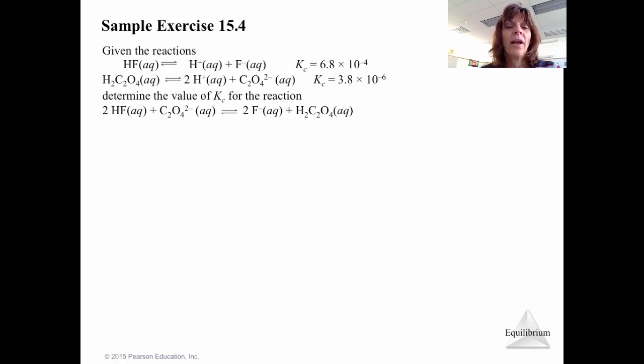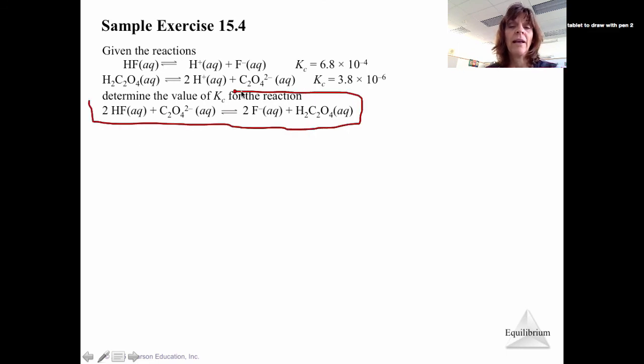All right, so now I've got a practice problem for you to do. If you have HF yielding hydrogen ion and fluoride ion with a Kc value of 6.8 times 10 to the negative fourth, and oxalic acid yielding hydrogen ion plus oxalate ion with Kc equals 3.8 times 10 to the negative sixth, try to figure out a way to combine these to produce this overall reaction.